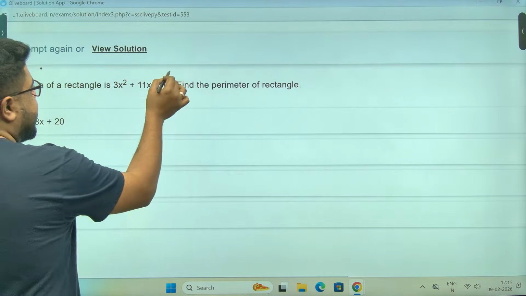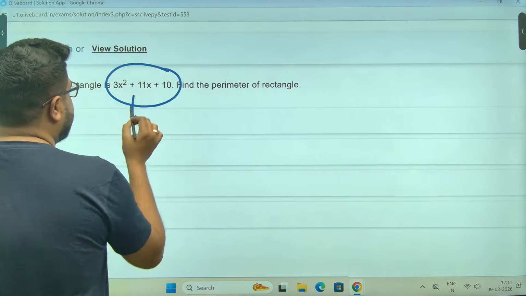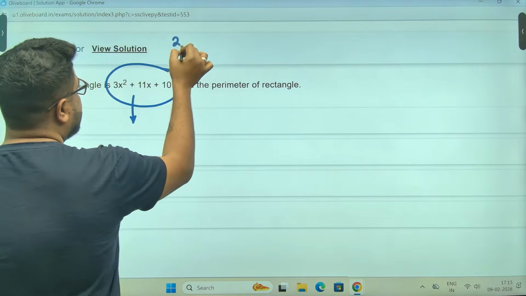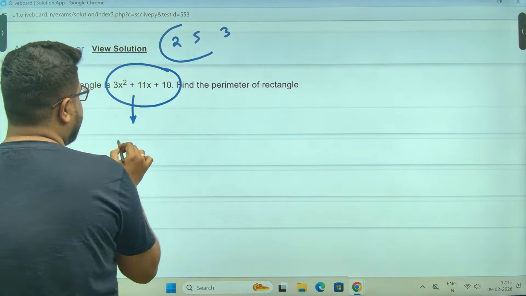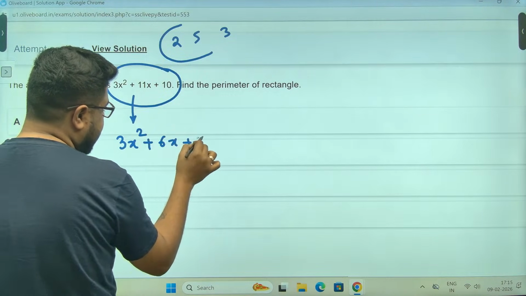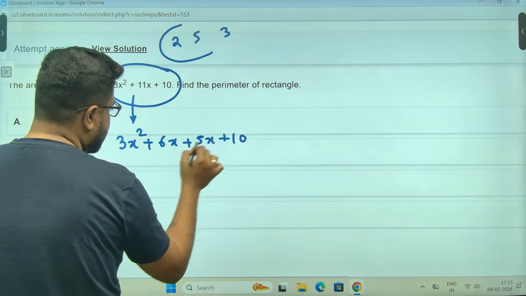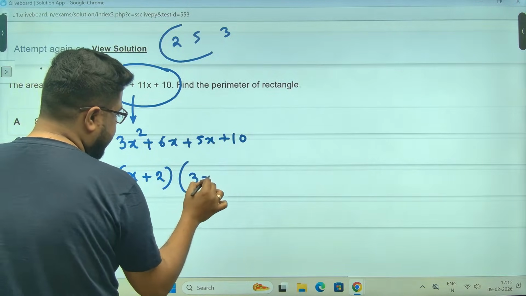The area is this, perimeter, sir. Factorize this. So if you factorize, this is 10, 2, 5, 3. Sir, 6 and 5, right? So 3x square plus 6x plus 5x plus 10. So x plus 2 is this and 3x plus 5 is this.